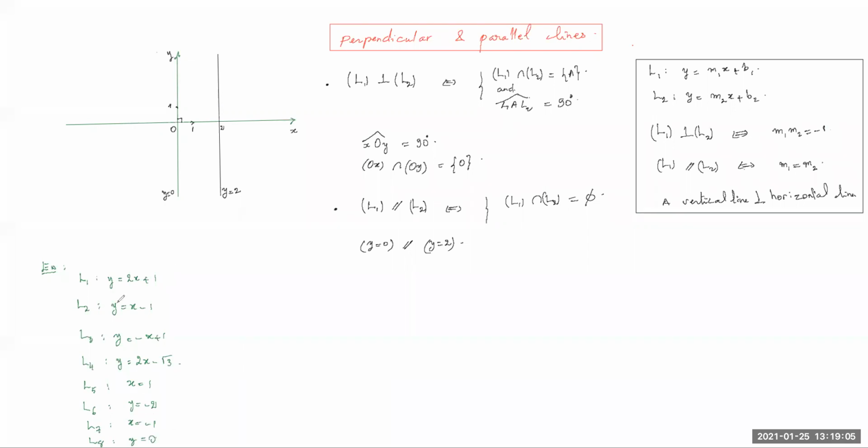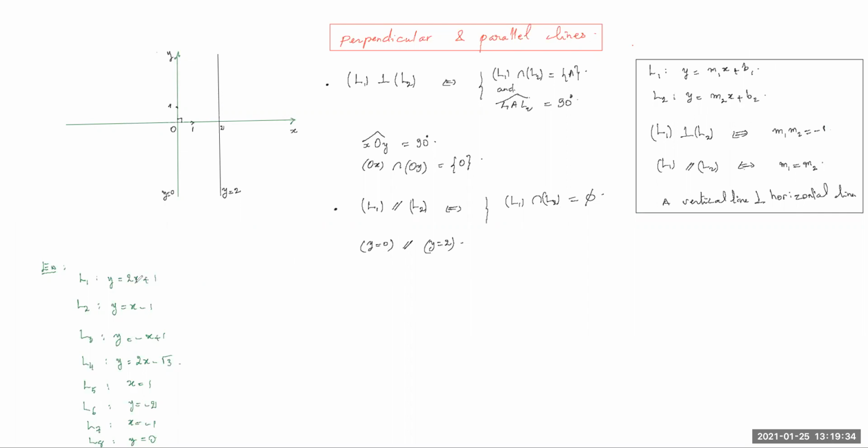So let's identify which of the lines are parallel or perpendicular to each other. If I look at the first four, they are given in the form mx plus b. L8 I can also consider with slope equals 0. So let's see if we have one of these properties.